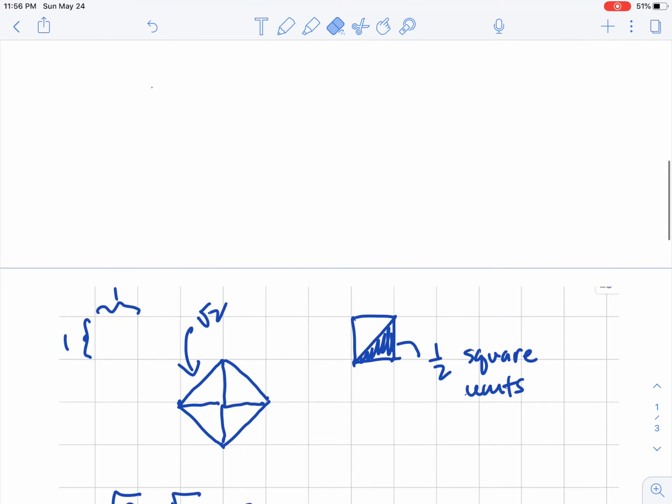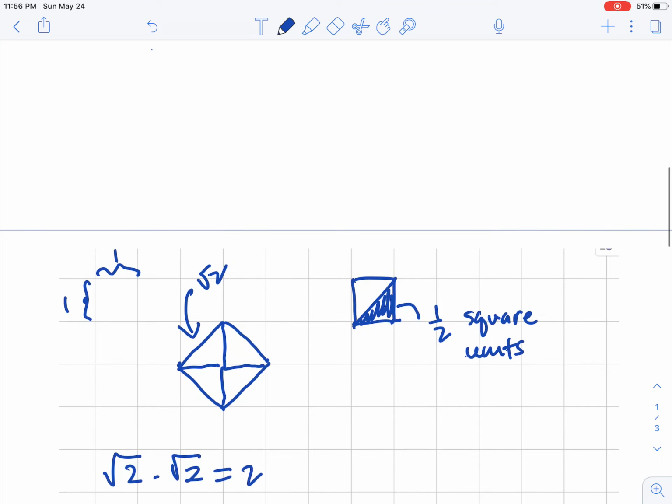So, ibig sabihin, the length of a diagonal of a 1 by 1 square or a 1 by 1 grid is square root of 2 or around 1.414. Okay? And you can do that using your calculator. Of course, merong way para to manually compute for the square root, pero later na siguro natin yan pag-aaralan.